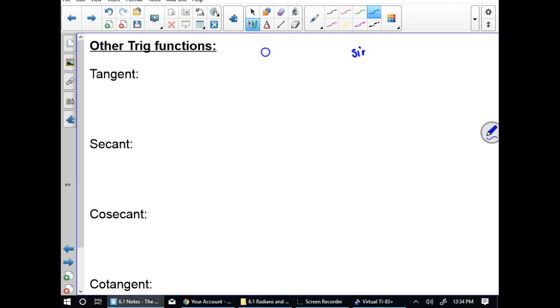We know sine of theta is the reciprocal of cosecant theta. And cosine of theta is 1 over secant theta. And tangent of theta is 1 over cotangent of theta. And then the opposite is also true, so cosecant of theta is 1 over sine theta.